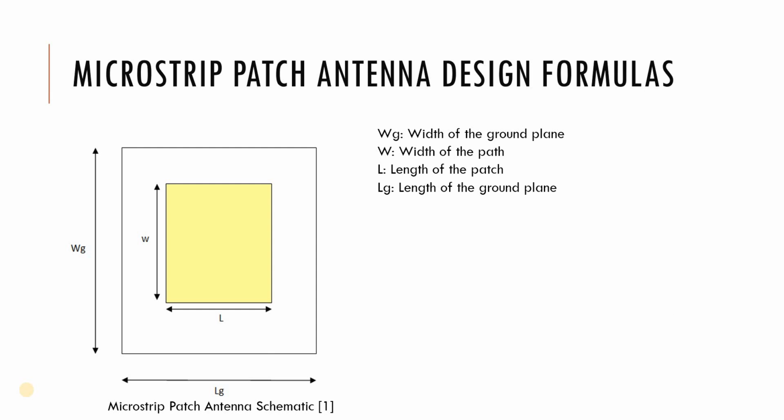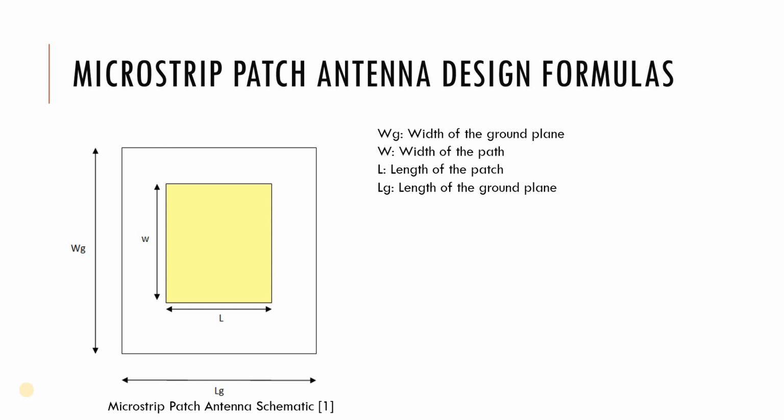It consists of one dielectric layer and two metal layers, which are perfect conductors, and the dielectric consists of some material like Rogers or fiber or something like that. This is the substrate of our antenna, and we have a ground plane which is placed under the antenna, and we have a microstrip patch which sits above it.